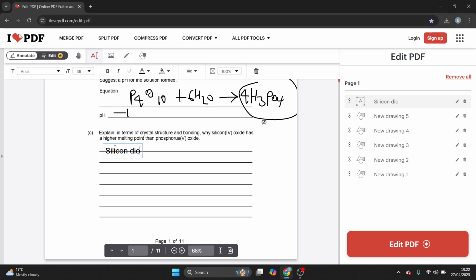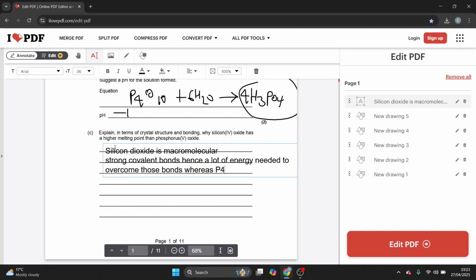Silicon dioxide is macromolecular, with strong covalent bonds, hence a lot of energy is needed to overcome those bonds, whereas P4O10 is molecular, a simple covalent molecule with weak van der Waals forces between molecules, so little energy is needed to overcome those forces.